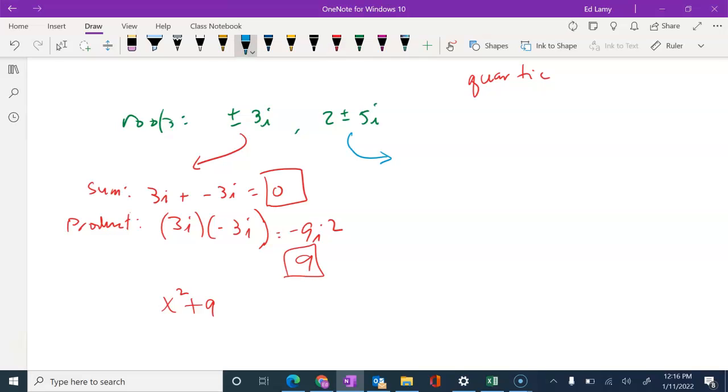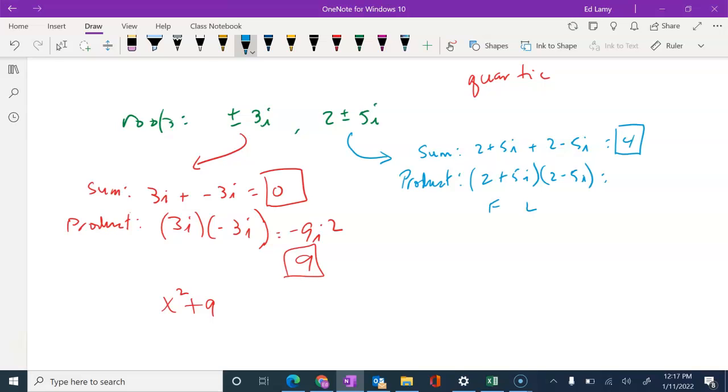Now we'll come up here and do the same thing with these other two roots, their sum, 2 plus 5i plus 2 minus 5i. Again, we add real part, that's 4. Add imaginary part, that's 0. So the sum is 4. Find the product of 2 plus 5i and 2 minus 5i. Again, we don't need a full FOIL. FL will do it.